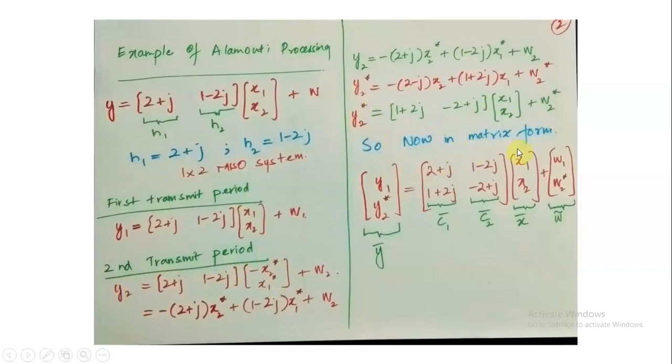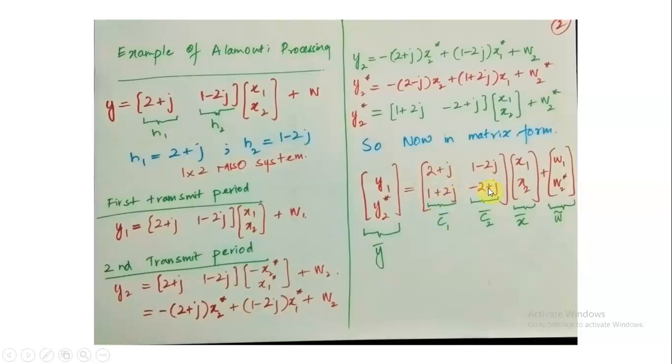In matrix form, you can write all these values in which the received signal at two time instants would be given by a vector y. We have a complete H matrix in which the columns represent the transmit symbol instance or receive symbol instance, and the rows represent the antennas. In an Alamouti system, the channel matrix is basically a space-time code matrix.